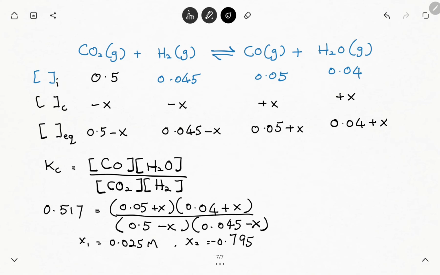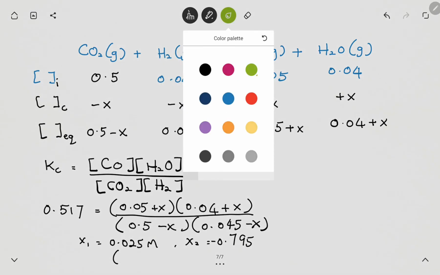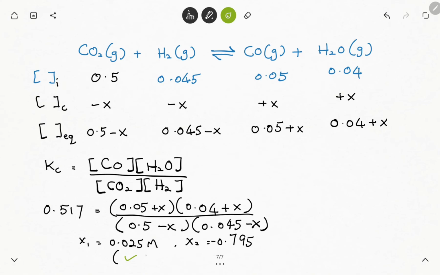We have one negative value and one positive value, so we choose the positive value and just ignore the negative value. So we take 0.025 molar for the value of X, and we can calculate the concentration of all gases at equilibrium.